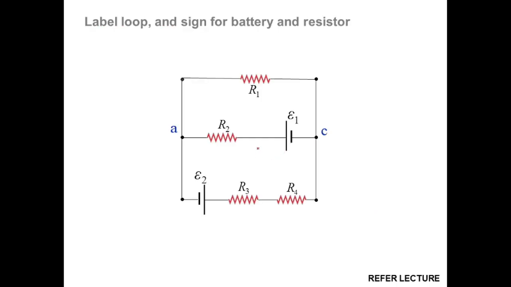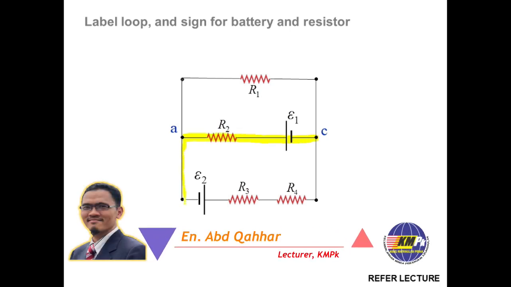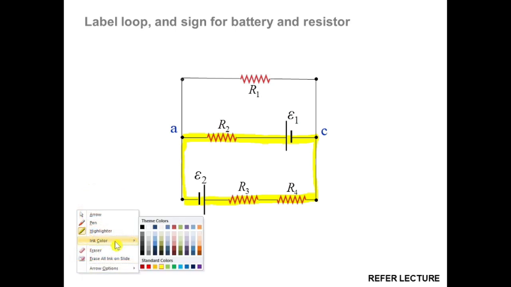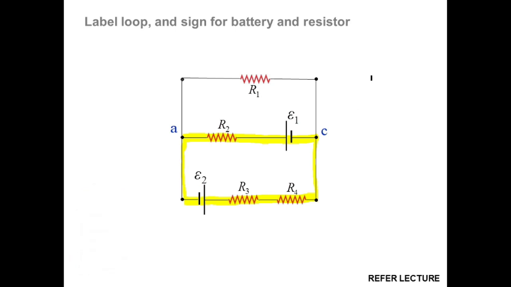Okay, for example, we choose the loop flow in the circuit. We choose the bottom one. In the bottom one, we will apply Kirchhoff's second law.